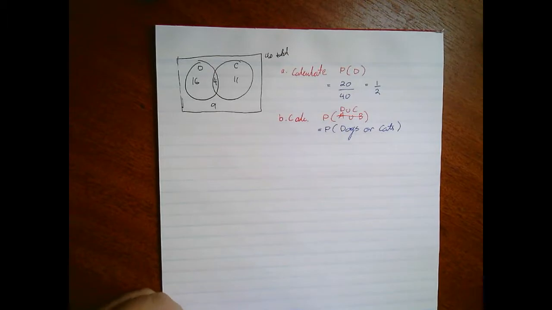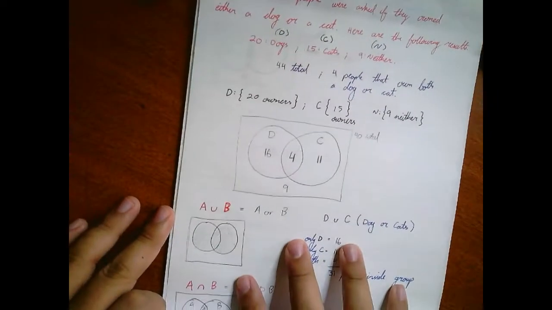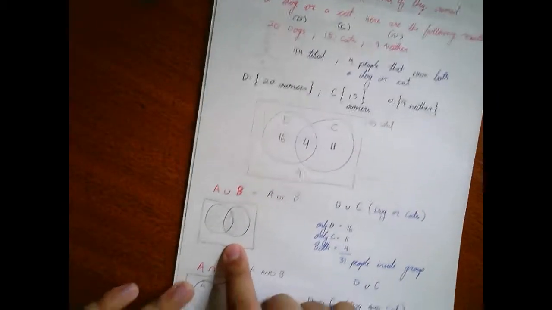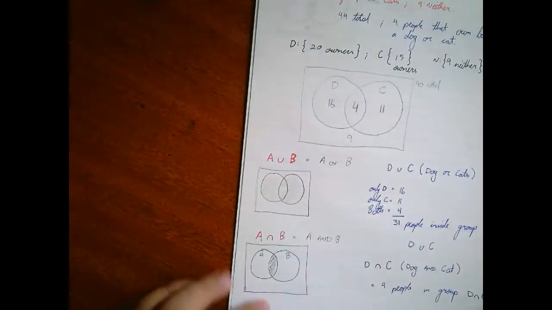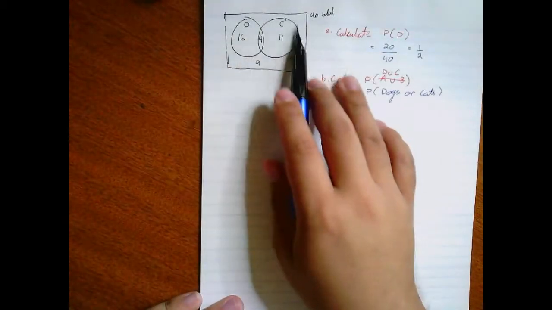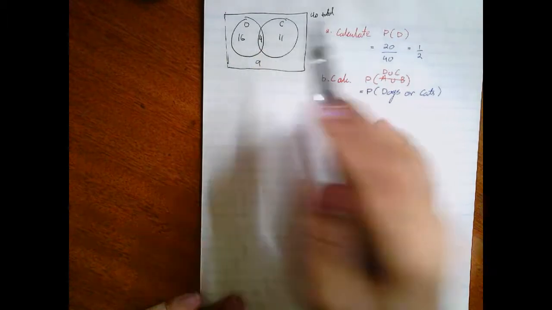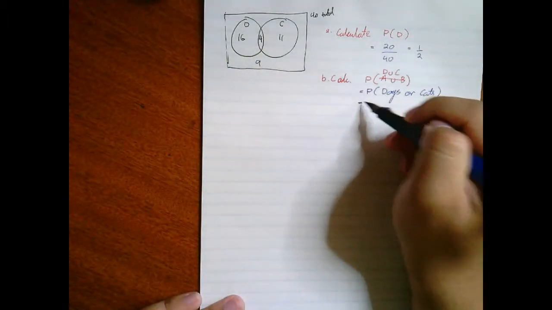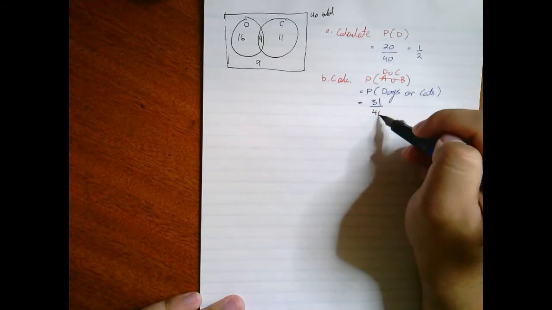And we also saw that that interprets graphically as everything that's shaded in those two groups. If it's everything that's shaded in this group here, it would be 16 plus 4 plus 11, which gives us 31 out of 40.